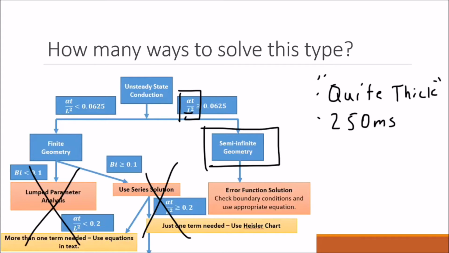So because our geometry is quite thick, and because we're dealing with such a small time scale, we can assume that inside of the eye, far away from the surface, our temperature is remaining constant. And these are two conditions necessary for the semi-infinite geometry assumption.